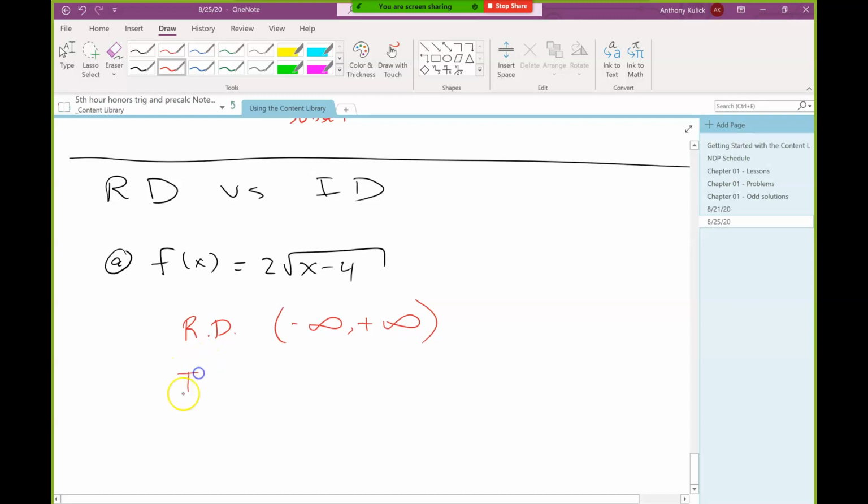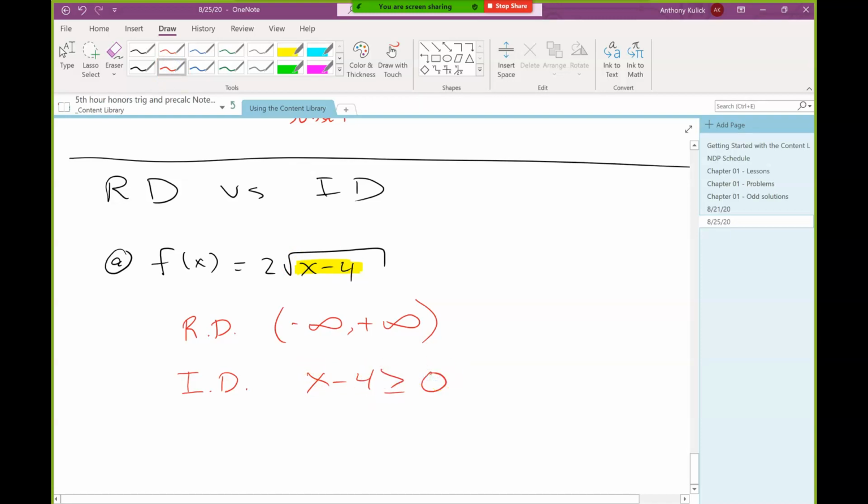Now, because we have a square root function, what do we have to be careful about? Yeah, we have to worry about positive and negative underneath the square root, right? So the only place where the square root is going to be defined is when the stuff under the square root is greater than or equal to 0.